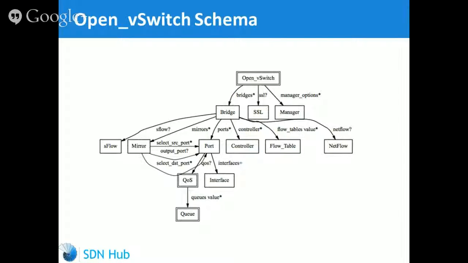Like that, there are several different tables with dependencies, and this is the overall chart. You can see that it is all structured with regard to creating interfaces, ports, associating them with the bridges and things like that. There are also certain manager options, which involve setting a manager for the overall global system and also being able to set controllers for individual bridges.